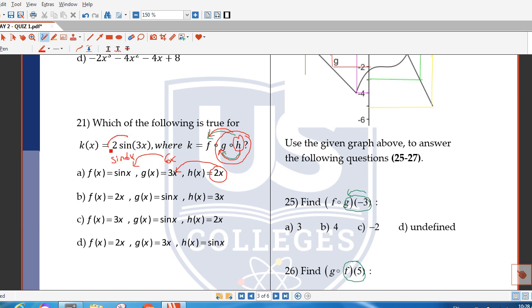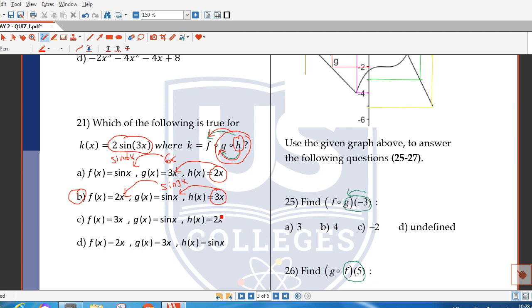We are looking for twice of sine 3x. 3x will be written in the sine function, it becomes sine 3x, and all this stuff will be written instead of x, twice of sine 3x. It is the answer.